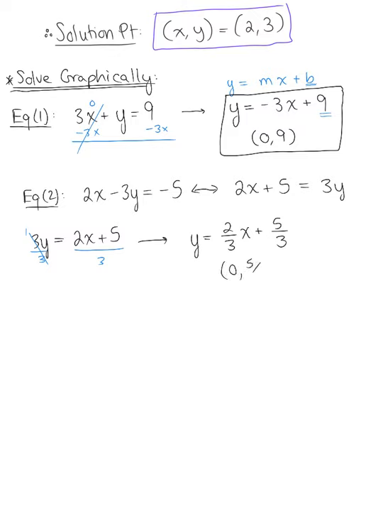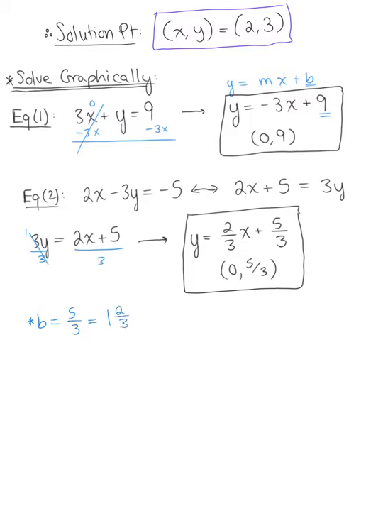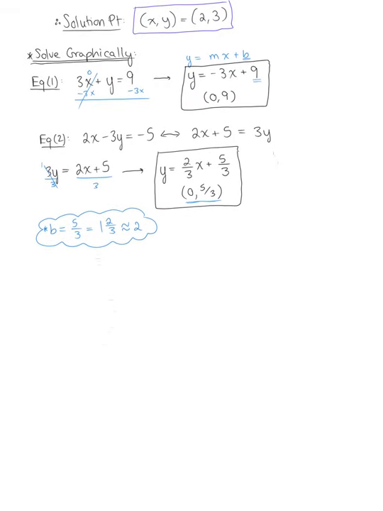Noticing that our y-intercept for equation 2 is a fraction, let's convert this to a mixed number. We know 3 goes into 5 one time with 2 left over, so 5/3 is equivalent to 1 2/3, which is approximately 2. While we sketch our graph, we're going to want to use the exact y-intercept we found. It's always nice to know where it's going to be approximately on the graph, especially with fractions.